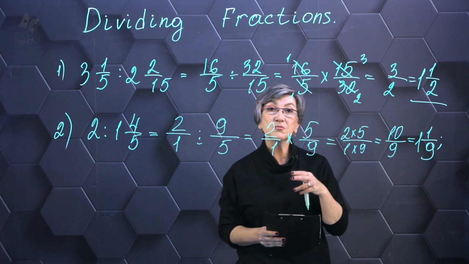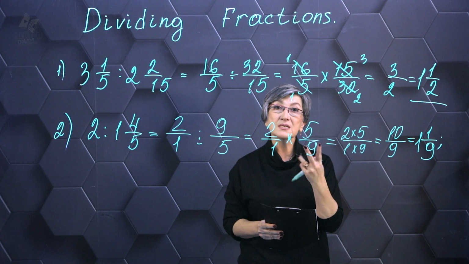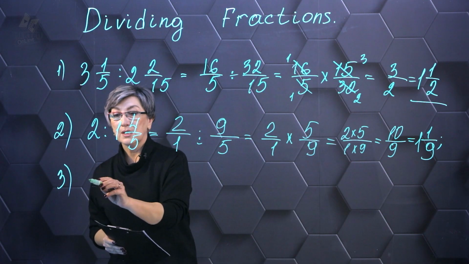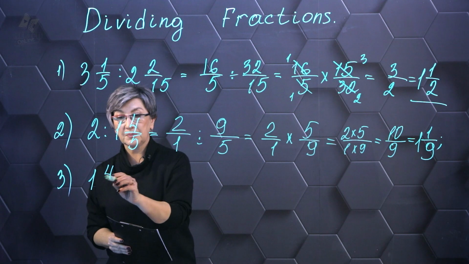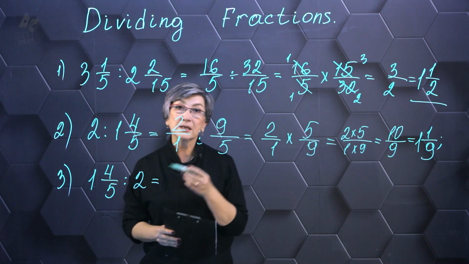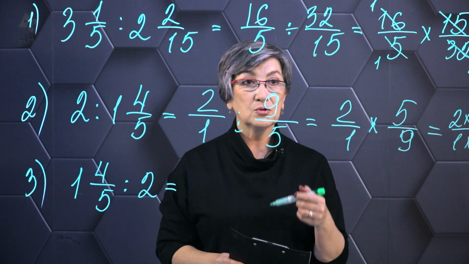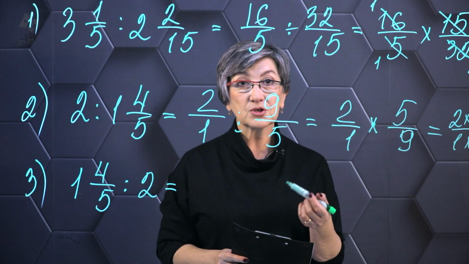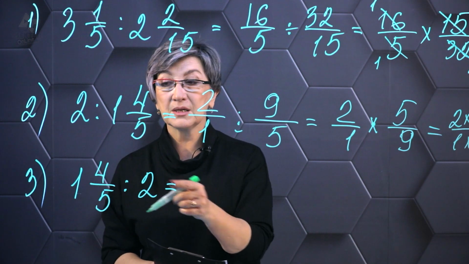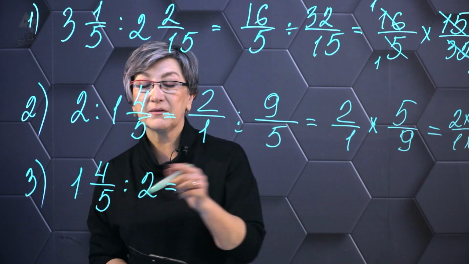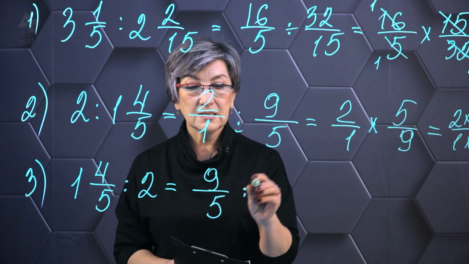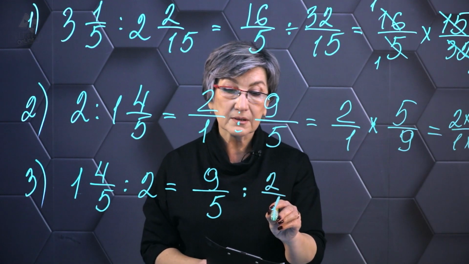By the way, now we will consider a similar example, only rearranged. What will happen in this case? I want to divide 1 whole 4/5 by 2. The algorithm of actions is the same, but let's pay attention to the fact that the answers are naturally different, because here we divide 1 whole 4/5 by 2. So convert to an improper fraction: 9/5 divided by 2/1.